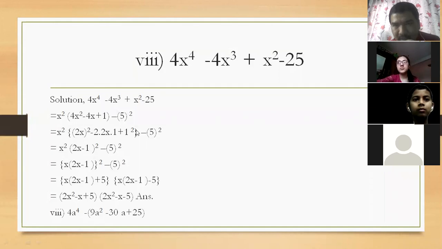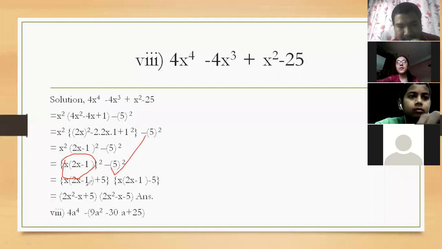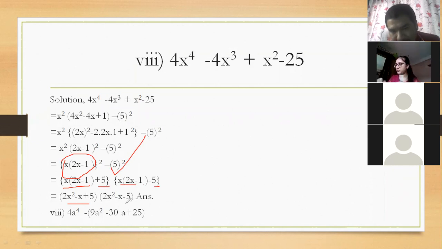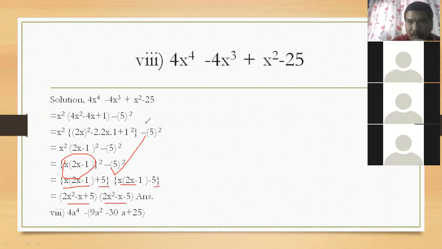Now we can put this one in formula, that is a square minus b square. That means a plus b, a minus b. Now remove the bracket, then you will get this answer, 2x square minus x minus 5. Okay, children? Do we need to do it?